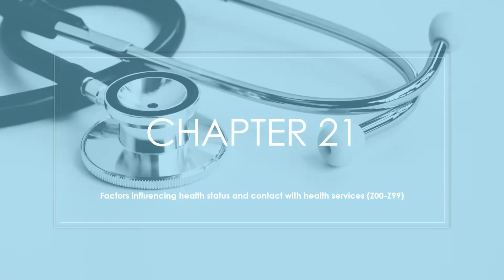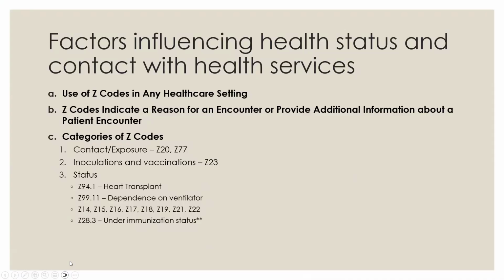Next, we have Chapter 21. This is for factors influencing health status and contact with health services. This is for Z00 through Z99. This chapter has specific guidelines that provide additional information about the use of Z codes for specific encounters, and the use of Z codes in any healthcare setting.